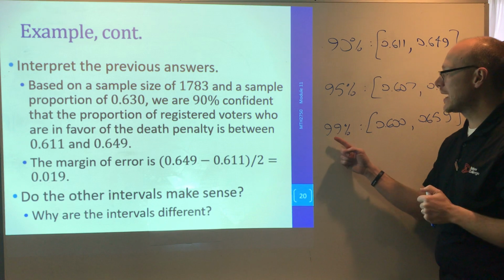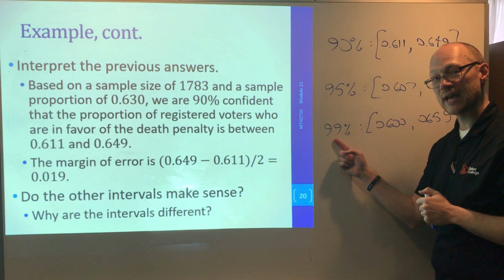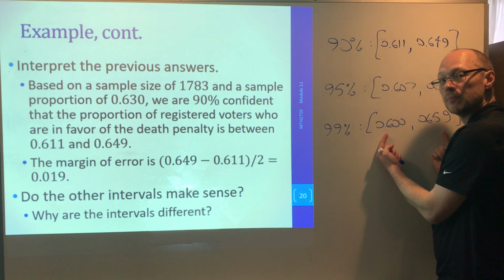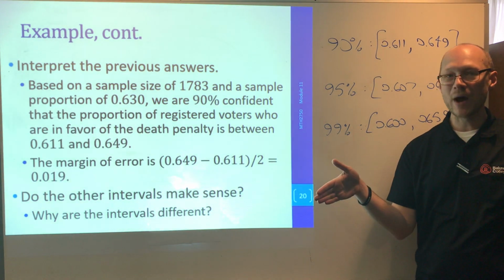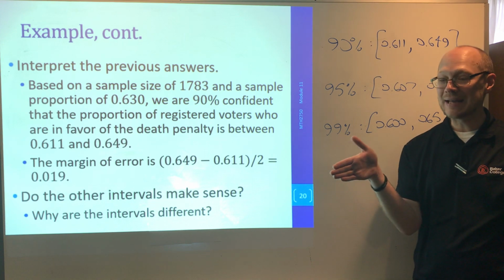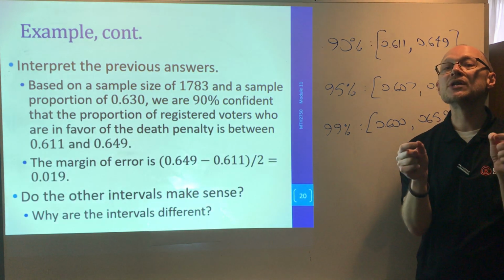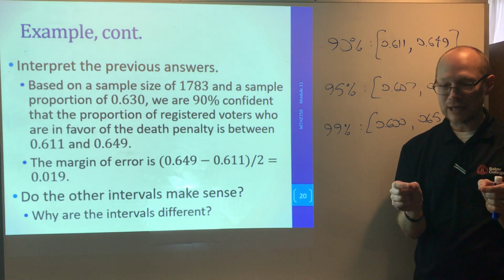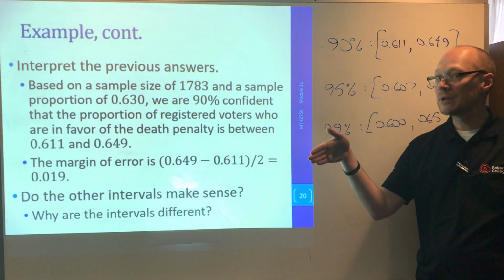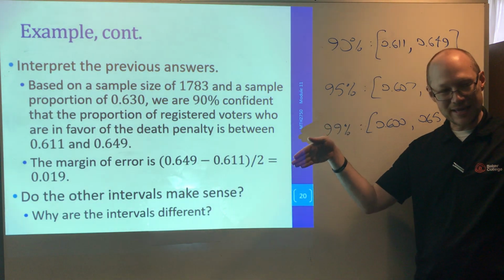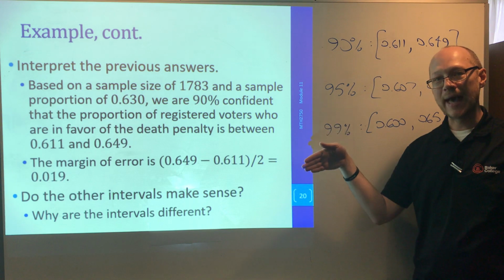Well, if your job is on the line, that means he wants a really precise kind of thing. You're going to give him the widest margin possible. If he comes back and says, that's too wide of a margin, you didn't narrow it down, you say to management, well, I can't narrow it down if your desire for accuracy is that important. If your desire for accuracy is that important, I'm going to give you a big range so you know that this is the range of accuracy.